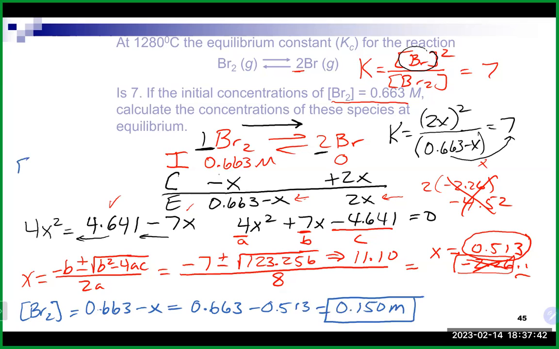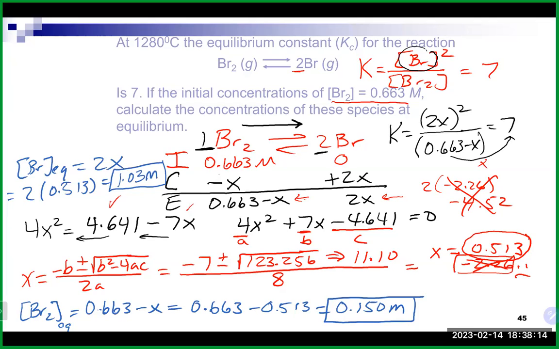Our concentration of Br at equilibrium, which is what this guy is, would be 2 times x, so that's going to be 2 times 0.513. We'll call it 1.03 molar would be our equilibrium concentration of Br.